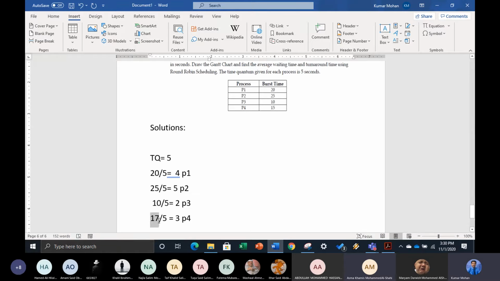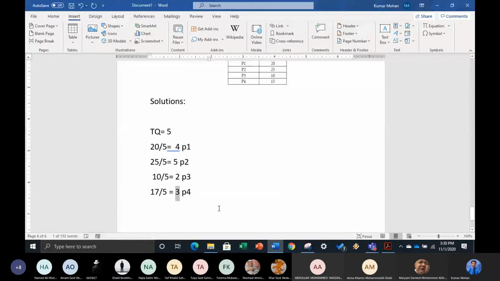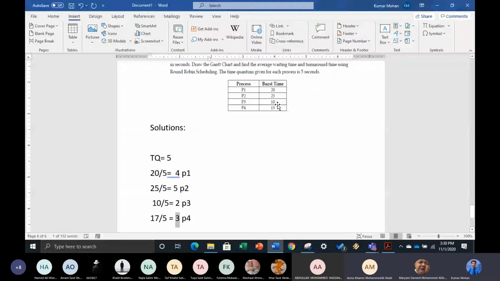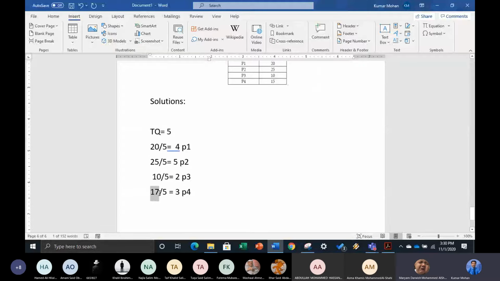Now if I give 17, how many times P4 will come? 3.4 means 4 times. See these 4 times, how do we divide? 5 plus 5 plus 5 plus 2.